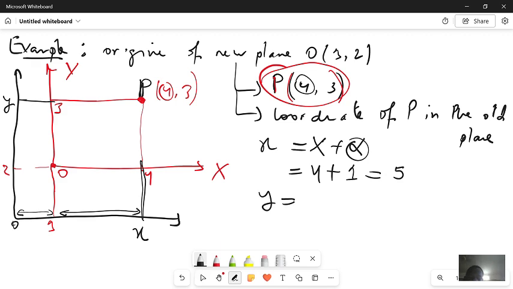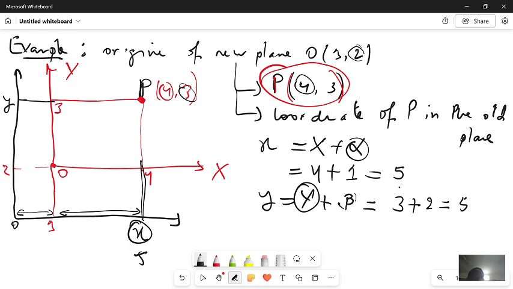Now y is going to be equal to capital Y plus beta. Capital Y of the new plane is 3, plus beta, the origin of the new plane, which is 2, giving 5. Now P in the old plane will have an x value of 5 and a y value of 5 again.